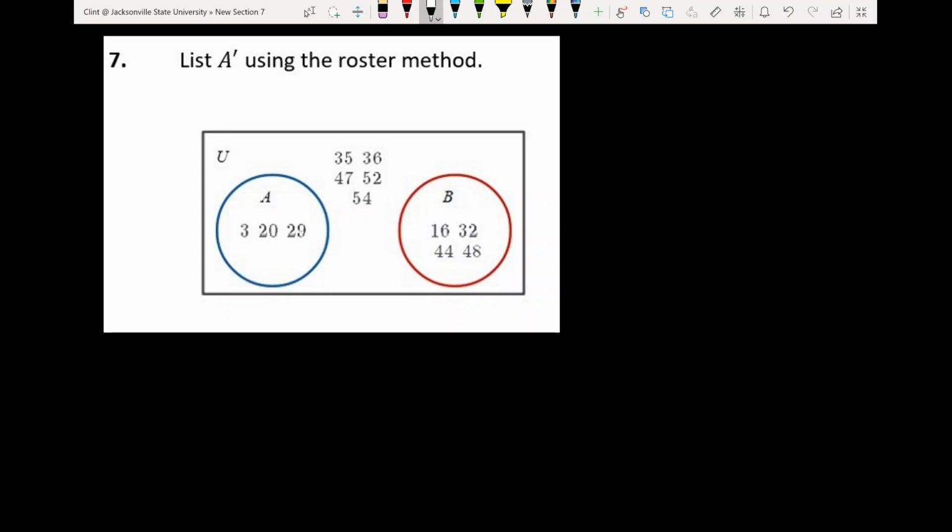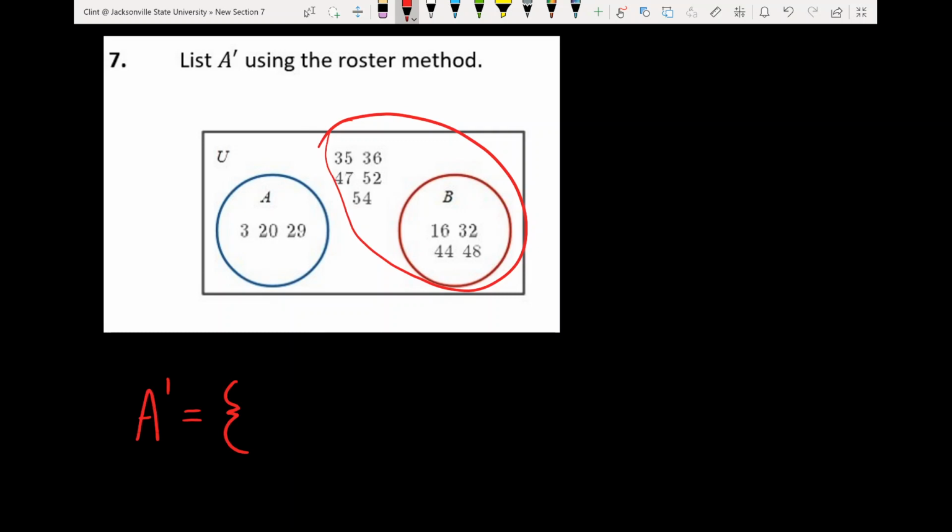Okay, so the ones in A are 3, 20, and 29. We want all the other ones to be in our set A complement. So A complement, we'll put our curly bracket here, and these don't have to be in any specific order.